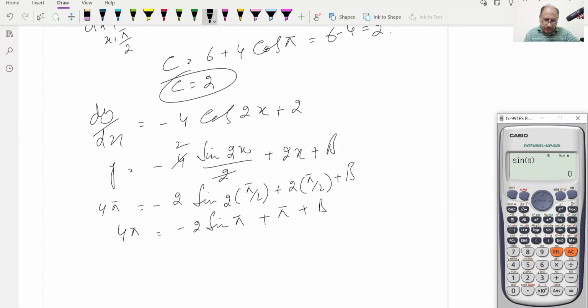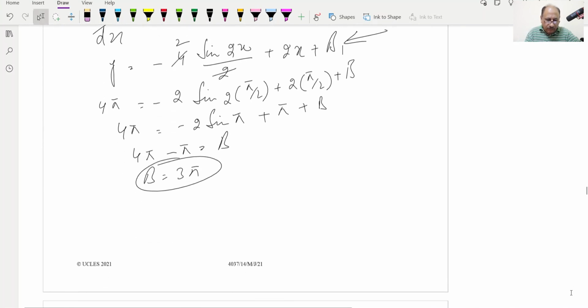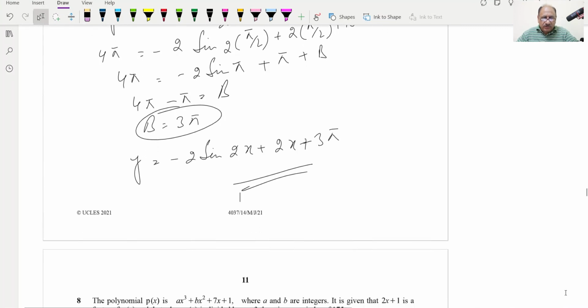So we can write 4 pi minus pi is equal to b, and this implies b will be equal to 3 pi. We replace this value in this step, and we will get y is equal to minus 2 sine 2x plus 2x plus 3 pi, and this will be our final answer for this part.